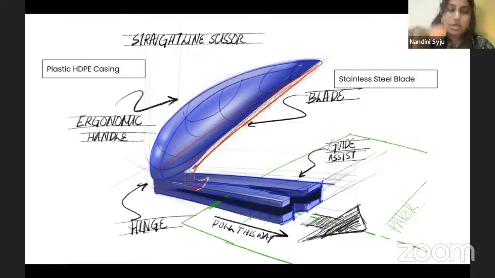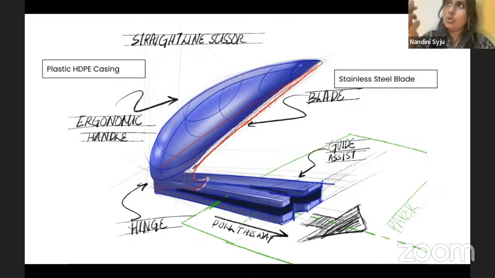There is a huge tolerance, right? And you can see that these lines are the guide assist, right? And the only thing that moves from the hinge is the ergonomic handle, which will come and snap. So what I've done here is I've broken away from the form of a traditional scissor, and rather I've kind of, subconsciously, I just realized now, got inspired by a punch hole machine.